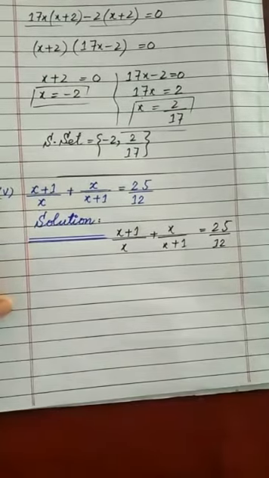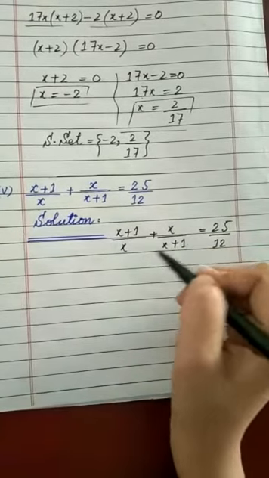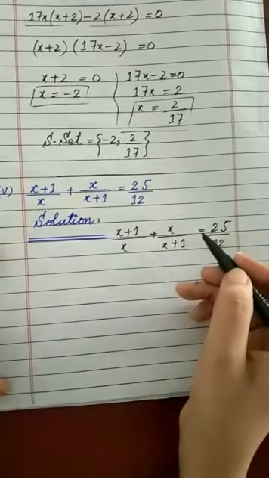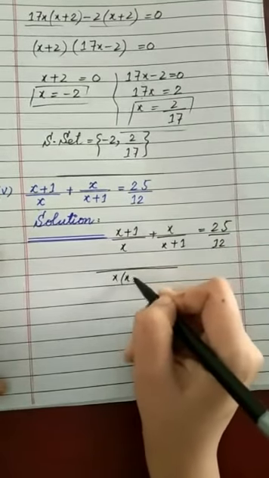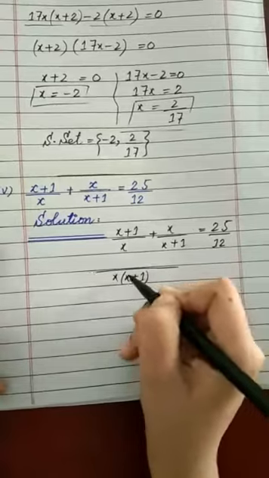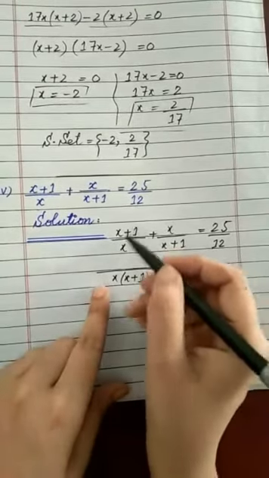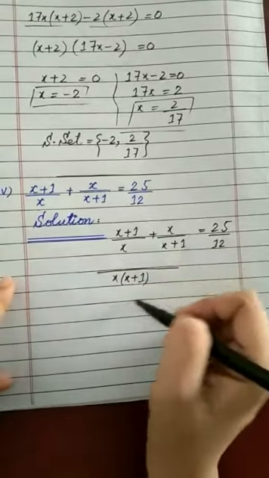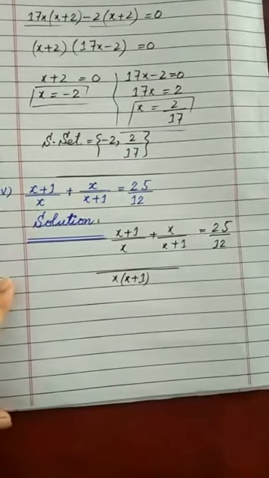Fine. So first of all, we will take its LCM on one side. LCM will be x into x plus 1. LCM is taken. As you know, we have to divide the denominator of the first term into the whole denominator of LCM, and x will be cut to each other.